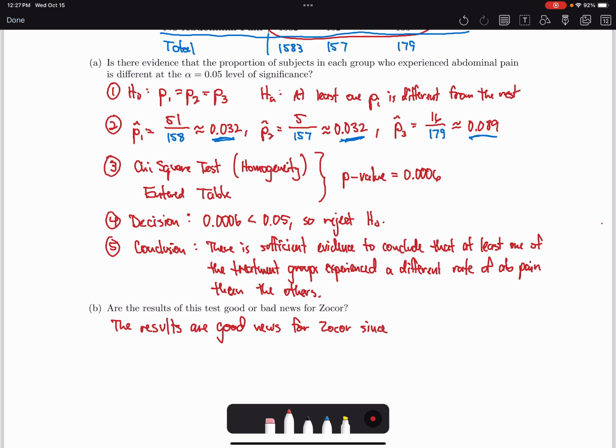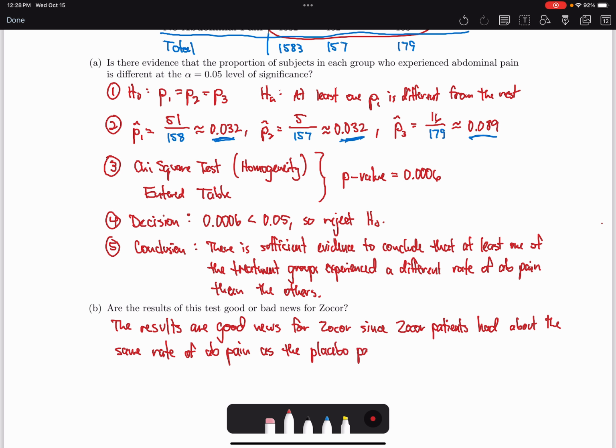Since Zocor patients had about the same rate of ab pain as the placebo patients.